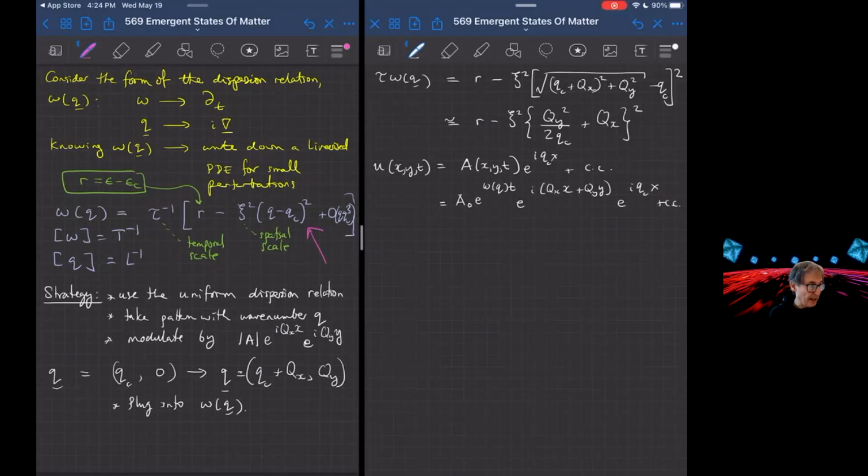So far I've made no approximation, and then what we would do is substitute the formula above into this result.